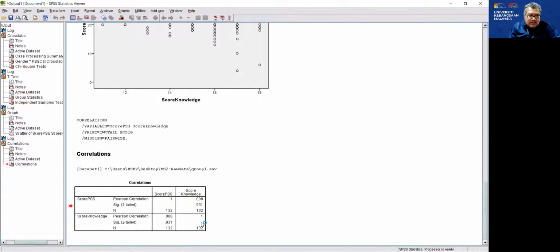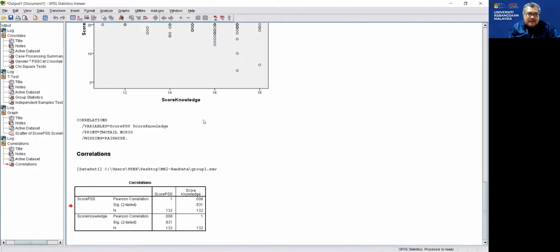So there is no correlation between the personal stress scale PSS score and the knowledge score. Why? It is 0.008. So it is close to 0. So there is no correlation between score for PSS and score for knowledge.